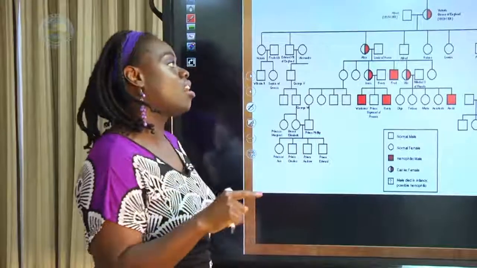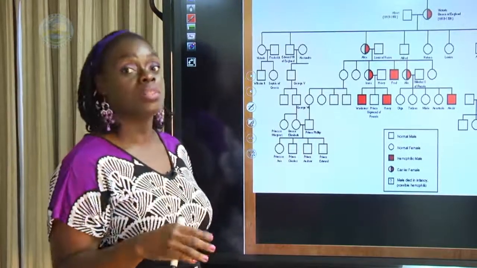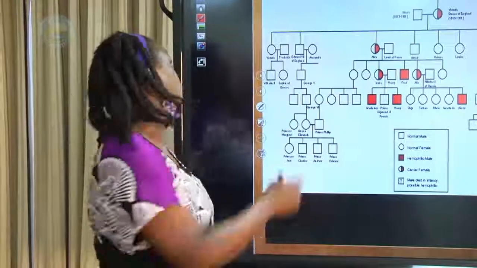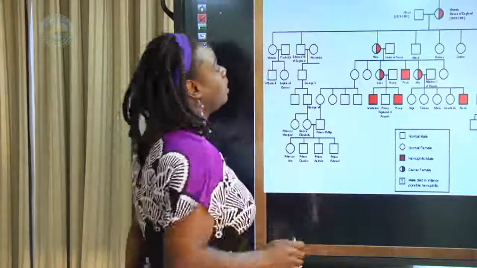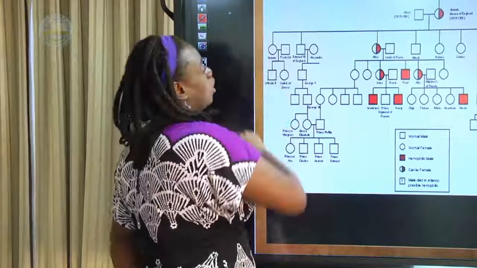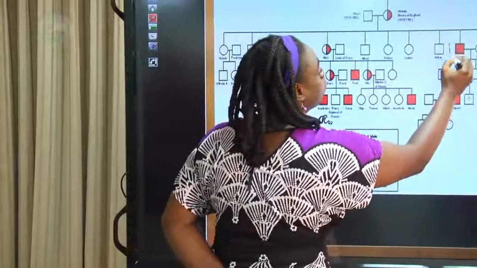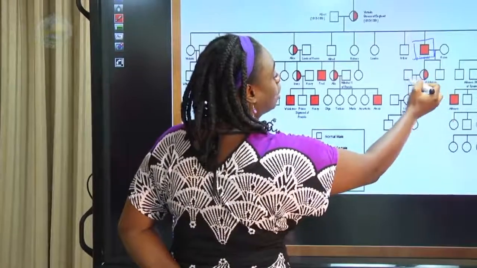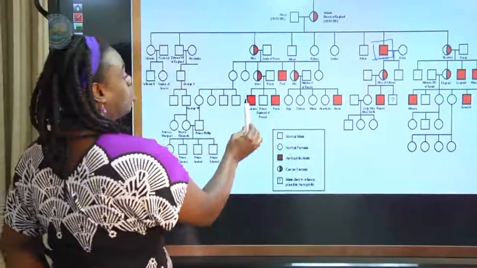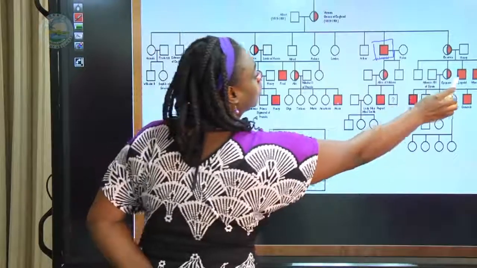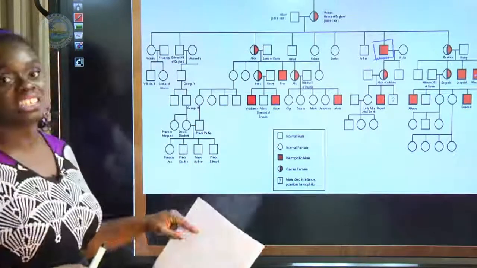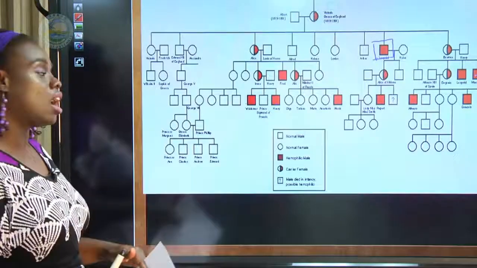And you hardly have a man with hemophilia surviving long enough to produce children. So in this example, we only have 1 hemophiliac male who actually reproduced and had children. If you notice, none of the other males tend to have children because, at least in the past, they didn't live long enough to have children.